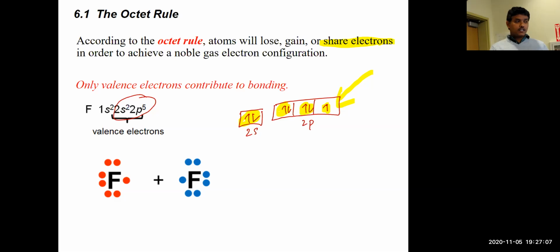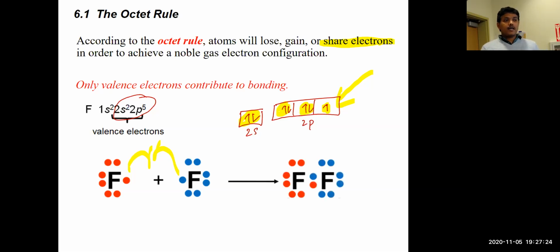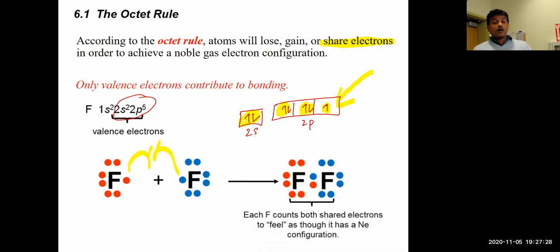So how are they going to achieve that? By sharing electrons between them. So the red fluorine talks to the blue fluorine: Hey, do you want to help each other out, so that we can feel a total of 8 electrons in our valence shell? So naturally they agree because it brings stability to the overall atom.